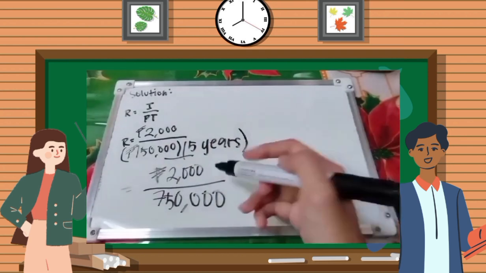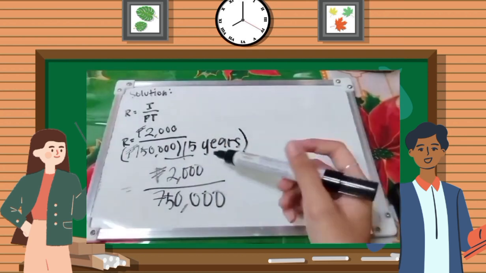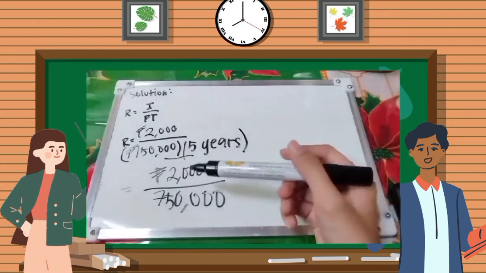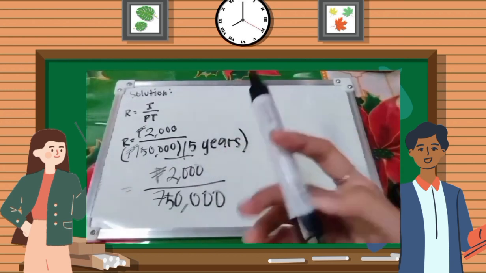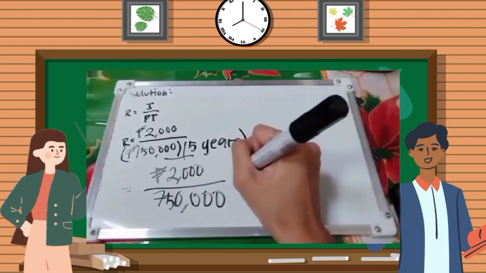Now, we are going to divide the 2,000 pesos by the 750,000.